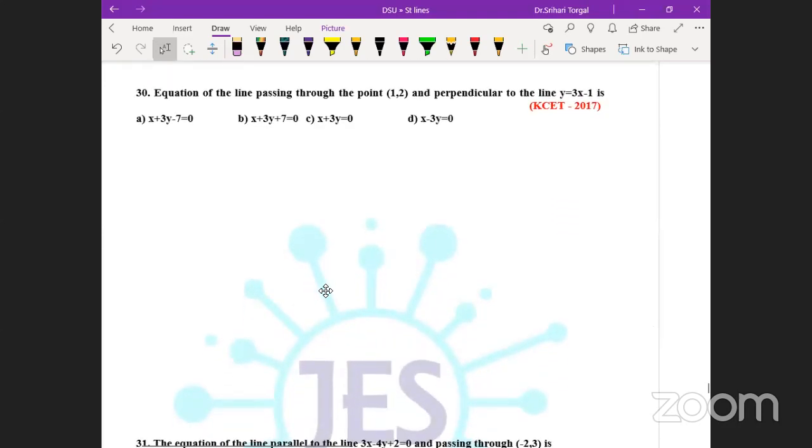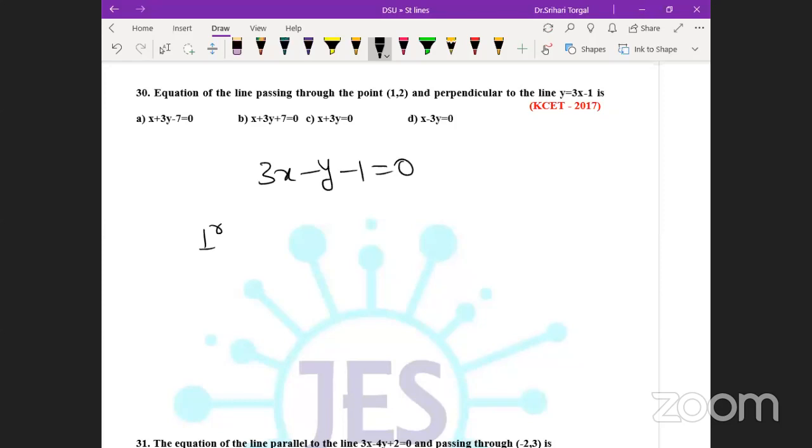Do the 2017 problem. Equation of the line passing through the point (1,2) and perpendicular to the line y = 3x - 1 is... Just write down that equation properly: 3x - y - 1 = 0.